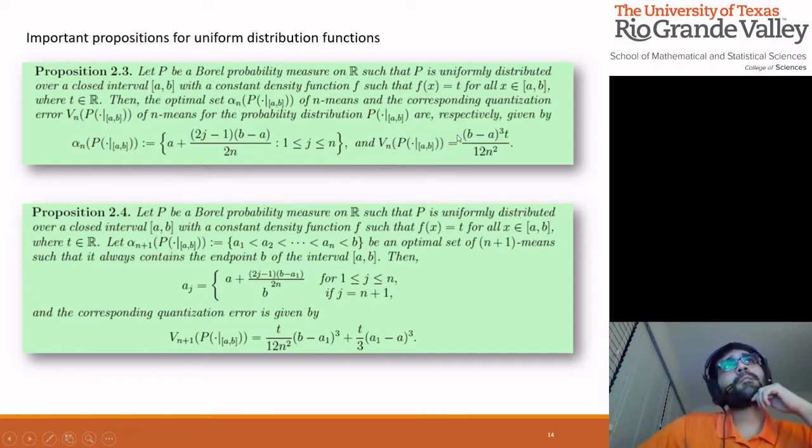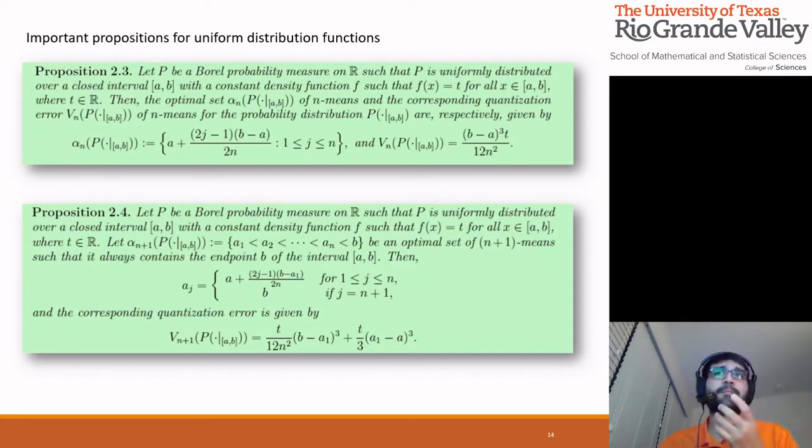Now what this tells us is that for a uniform probability function, we can easily find every quantizer.